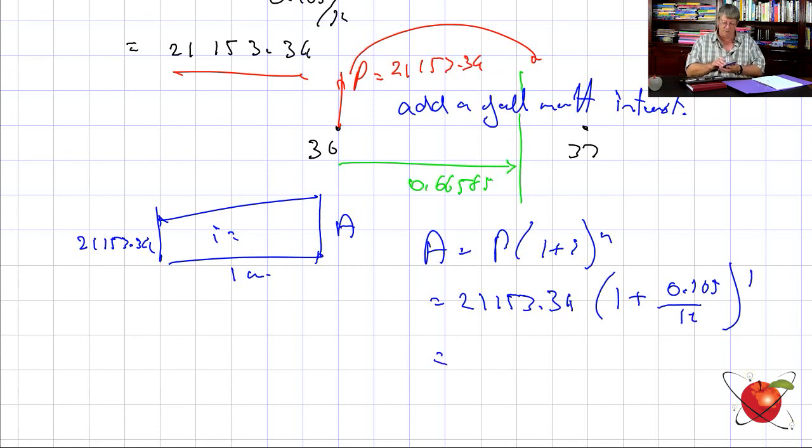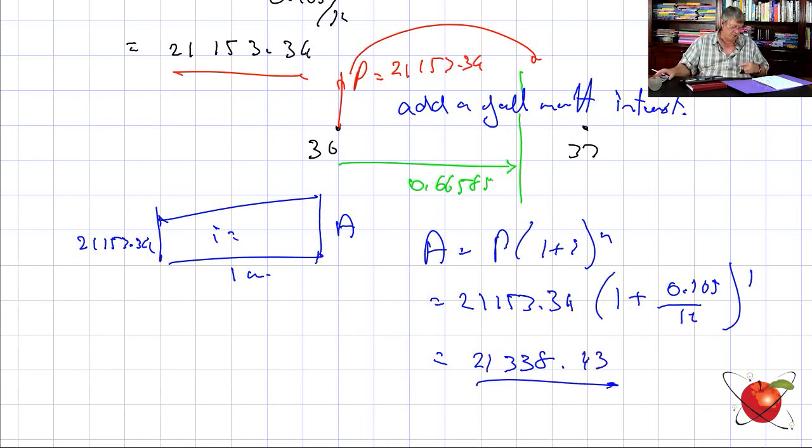Let me just check what that comes out to be. It's 0.105 divided by 12, plus 1, equals that, times 21,153.34, which is going to be 21,338.43.